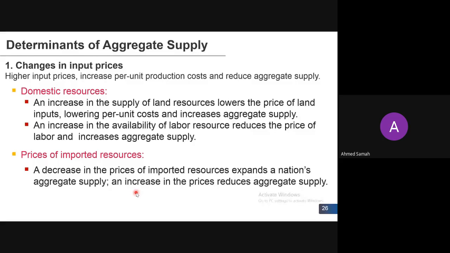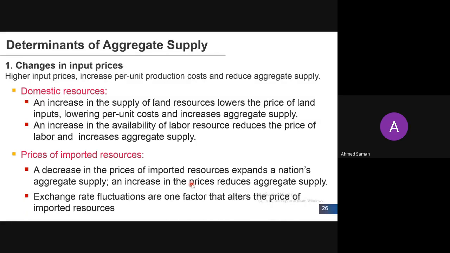For example, if we are importing raw materials from abroad, and let's say this raw material is oil, if the oil prices fall, that means now we can produce the particular product that we are producing at a lower cost. So we can produce more at a lower cost, which will lead to the nation's aggregate supply increasing. The opposite will happen if the prices of the resources increase.